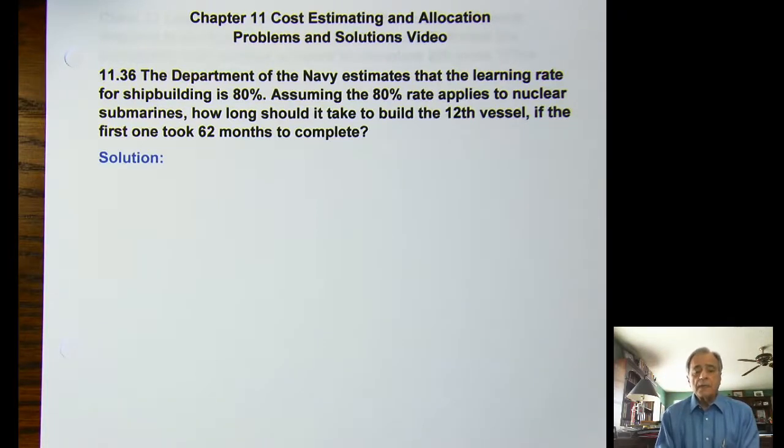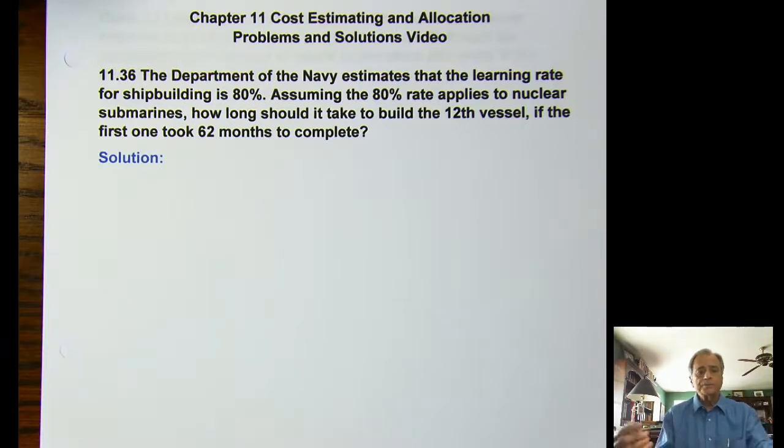Anyway, the learning curves, you should certainly have reviewed the lecture notes for class number 22, because these three problems that I'm going to work are directly out of those lecture notes, in particular the section on learning curves, but the entire Chapter 11 is on cost estimating and allocation.